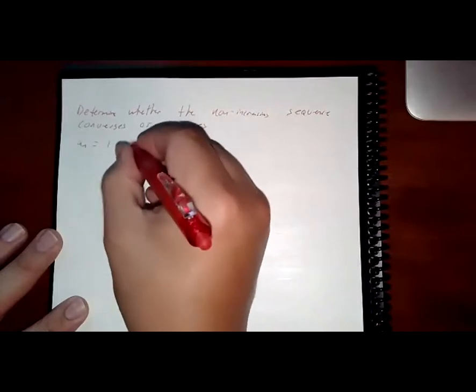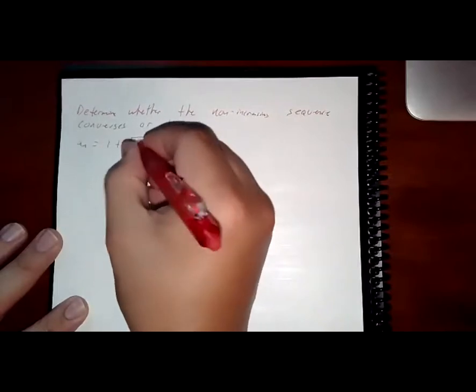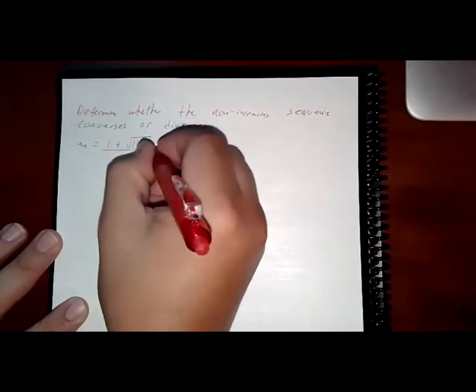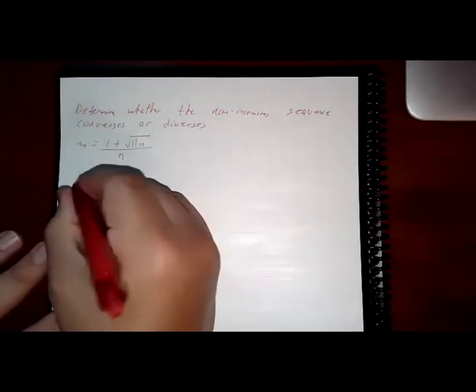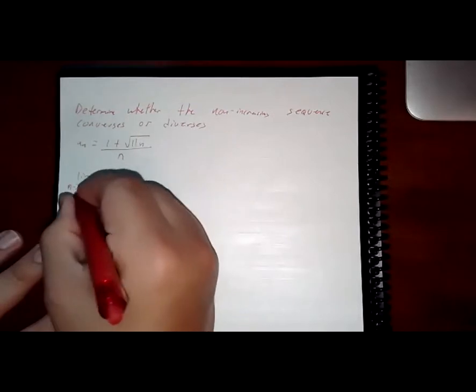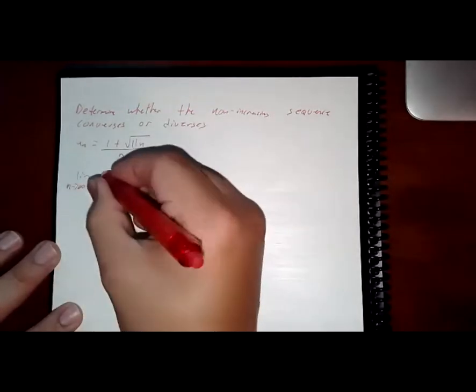One plus square root 11n over n. And we take the limit as n approaches infinity. So that's how we do all the sequences, right? You've got to take the limit.